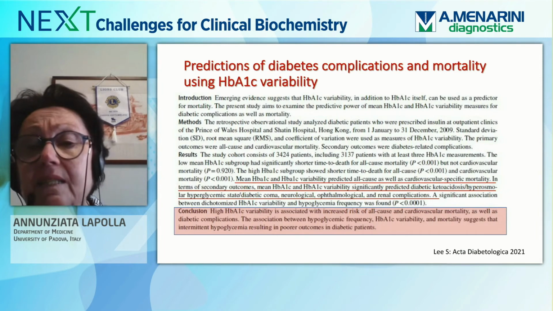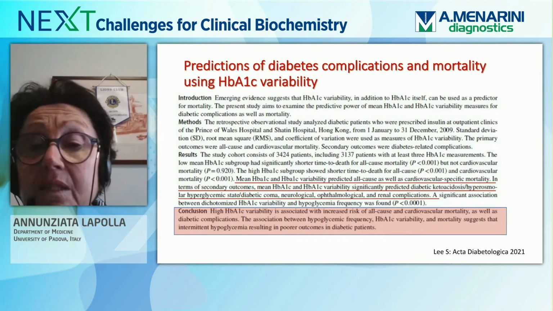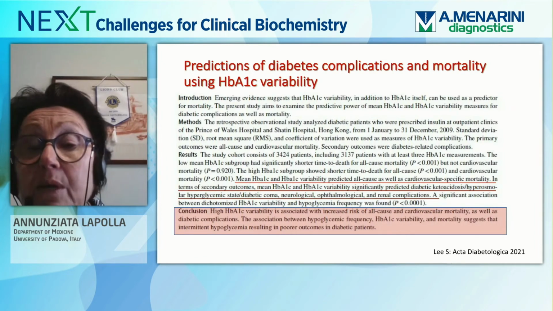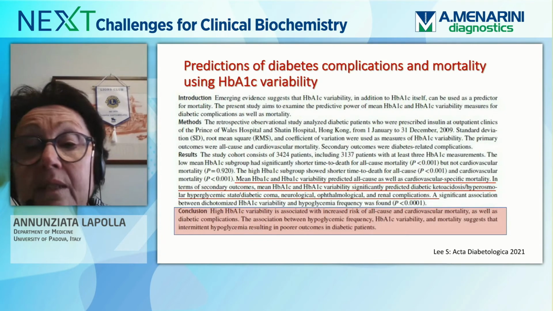In this other study that evaluated more than 3,000 patients affected by type 2 diabetes, mean HbA1c and HbA1c variability, calculated as standard deviation, predicted all-cause mortality as well as cardiovascular mortality.